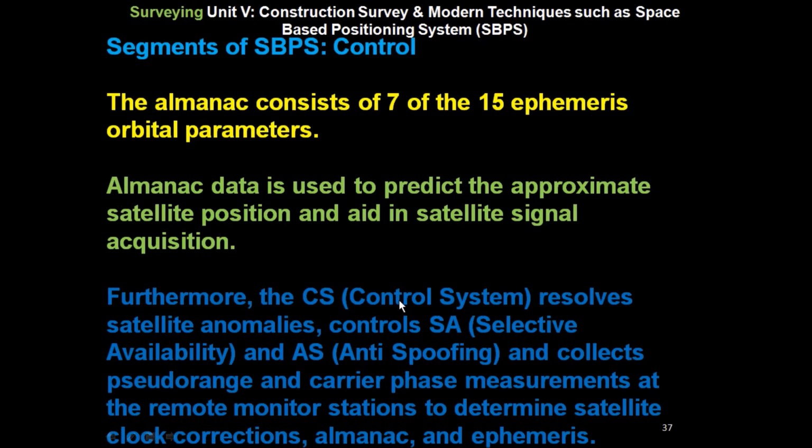Furthermore, the CS, that is control system, resolves satellite anomalies, controls SA, that is selective availability, and AS, that is anti-spoofing, and collects pseudo-range and carrier phase measurements at the remote monitor stations to determine satellite clock corrections, Almanac and ephemeris.